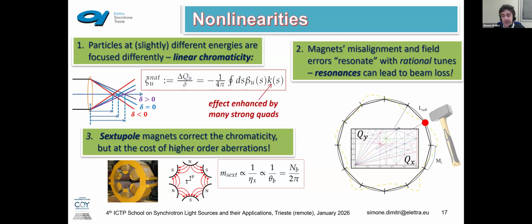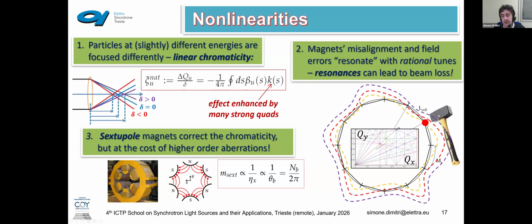Now, let's assume we have a perturbation of the orbit along the synchrotron, which can be due, for example, to a misaligned quadrupole, a misaligned dipole, or mispowered dipole magnet. So basically an error on the magnetic field of either a quadrupole or a dipole or a series of magnets and so on. You are basically perturbing the nominal orbit.